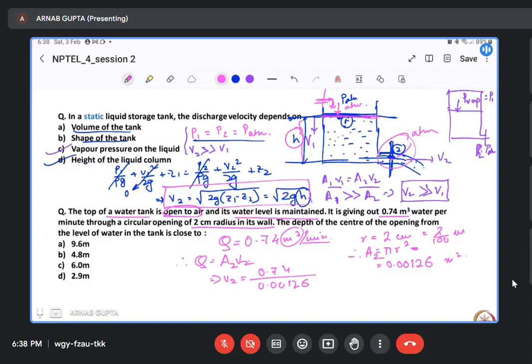So it's coming close to 9.81 meter per second. Please correct me if I am wrong. Are you also solving? Then please let me know what are the values that you are getting.